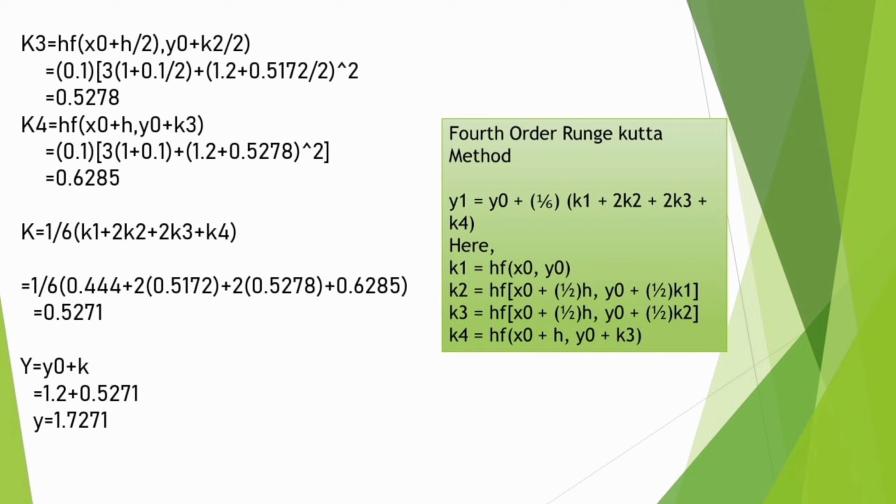Now we know that k is equal to 1 by 6 of (k1 plus twice k2 plus twice k3 plus k4). By substituting the values of k1, k2, k3, k4, we get k equal to 0.5271. Now we know that y is equal to y0 plus k. We have y0 equal to 1.2 and k equal to 0.5271. So we get y equal to 1.7271 at x is equal to 1.1.